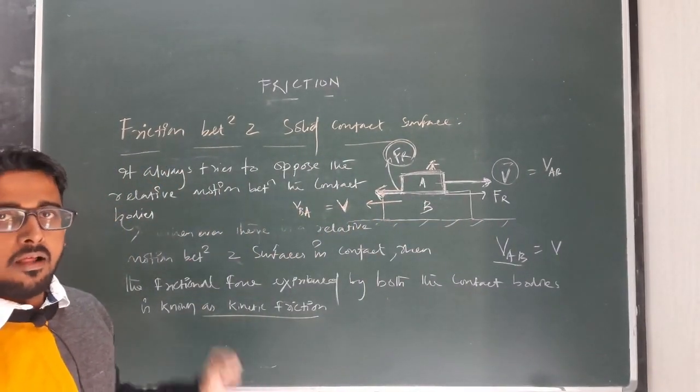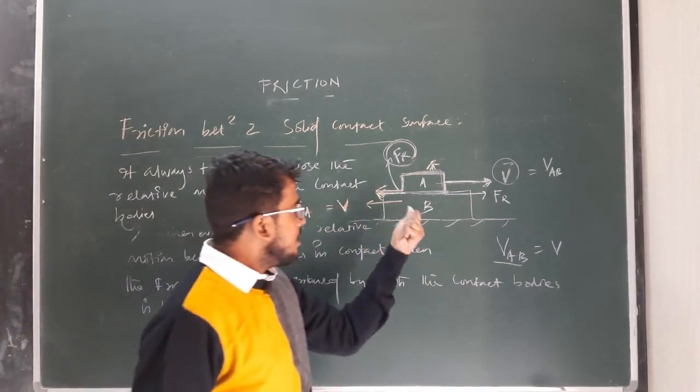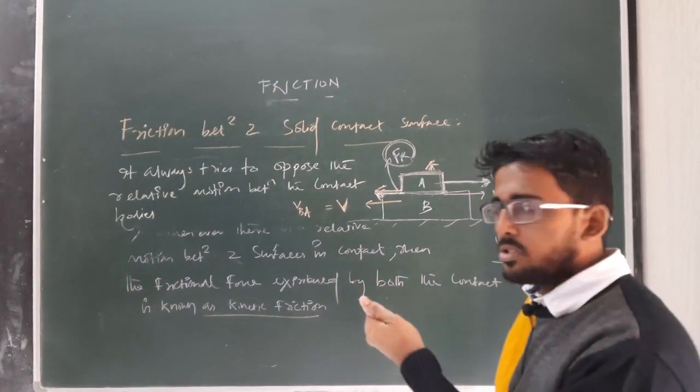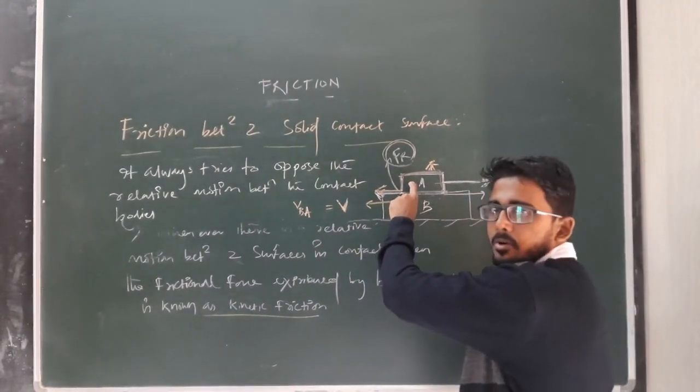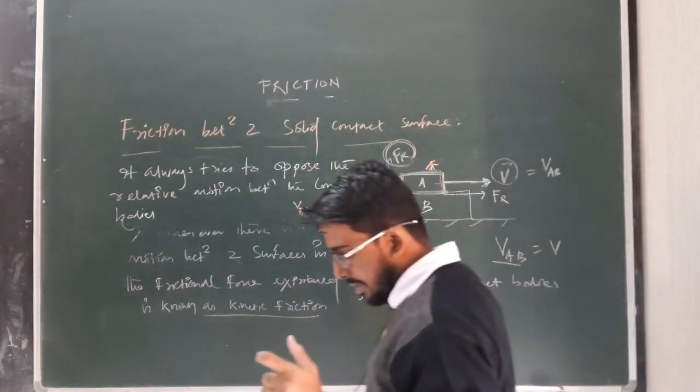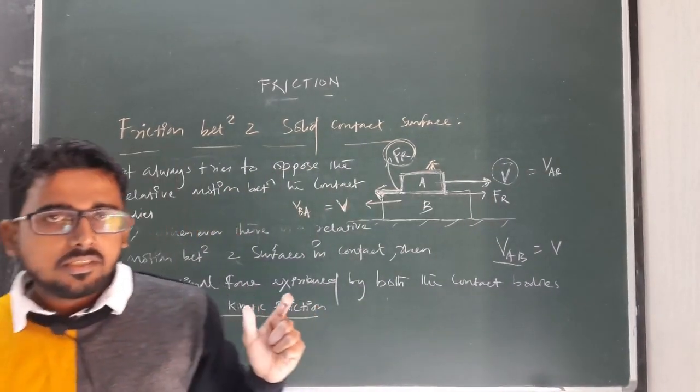Kinetic friction. Okay. So now we can easily determine the direction of frictional force acting on different blocks. Clear? So first of all, how to find out what kind of frictional force it is?